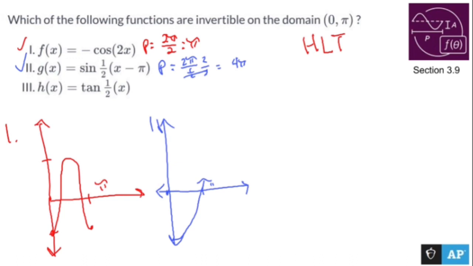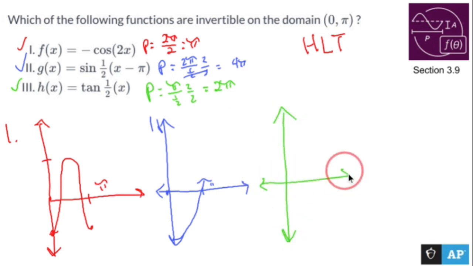Now for 3, it's tan of half of x. The period for a tangent function is slightly different. It's pi. So pi over a half means I multiply the top and the bottom by 2, which gives me a period of 2 pi. Tangent, when graphed, goes like this.